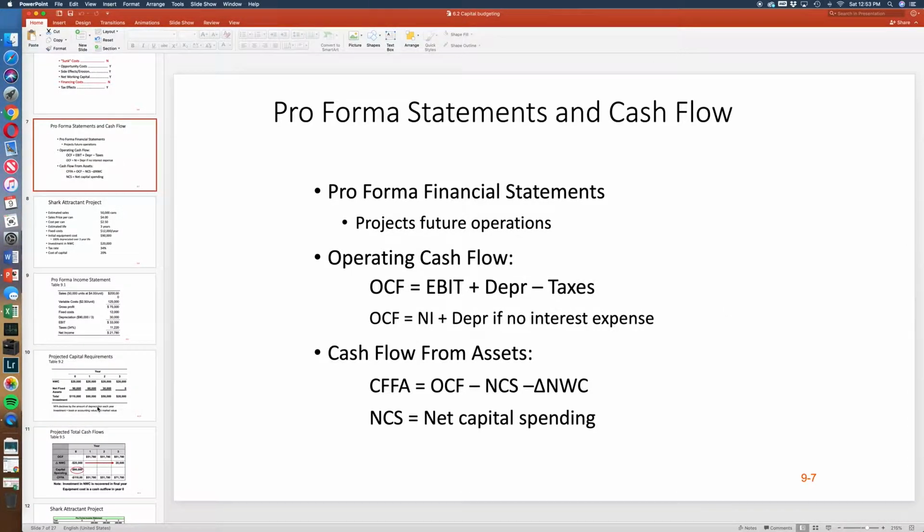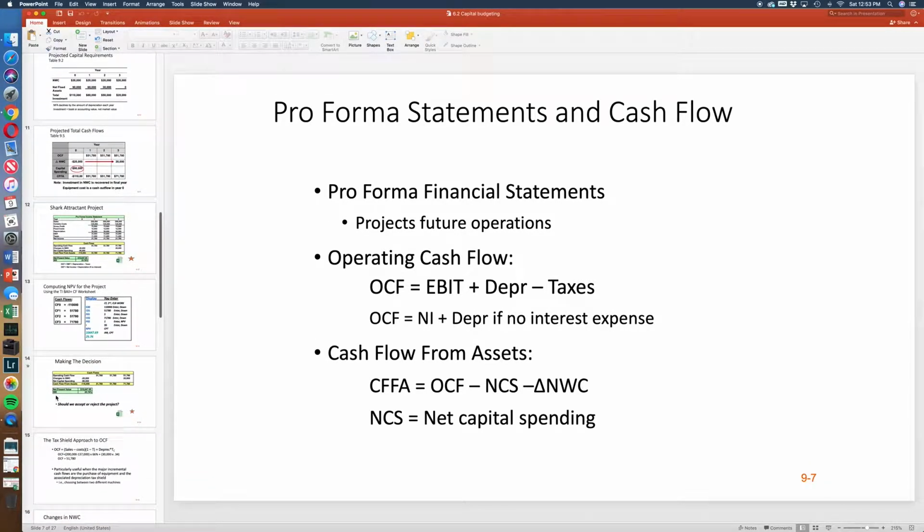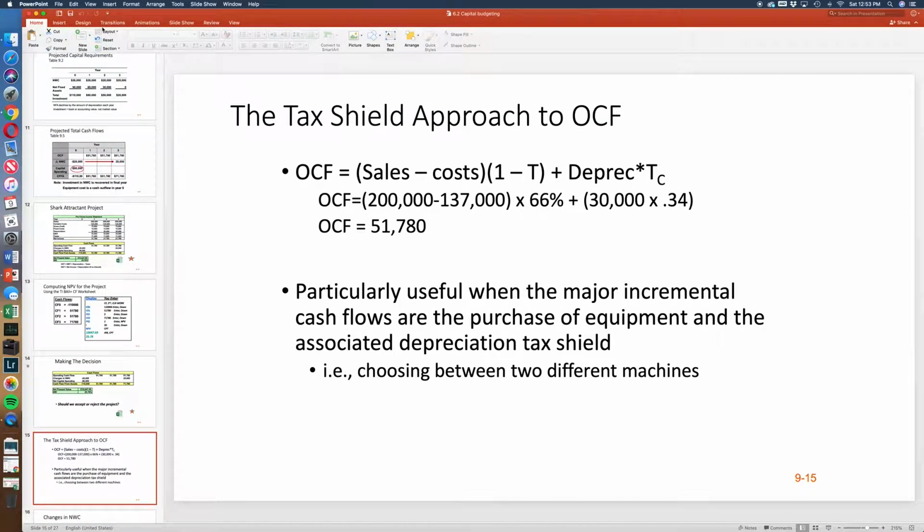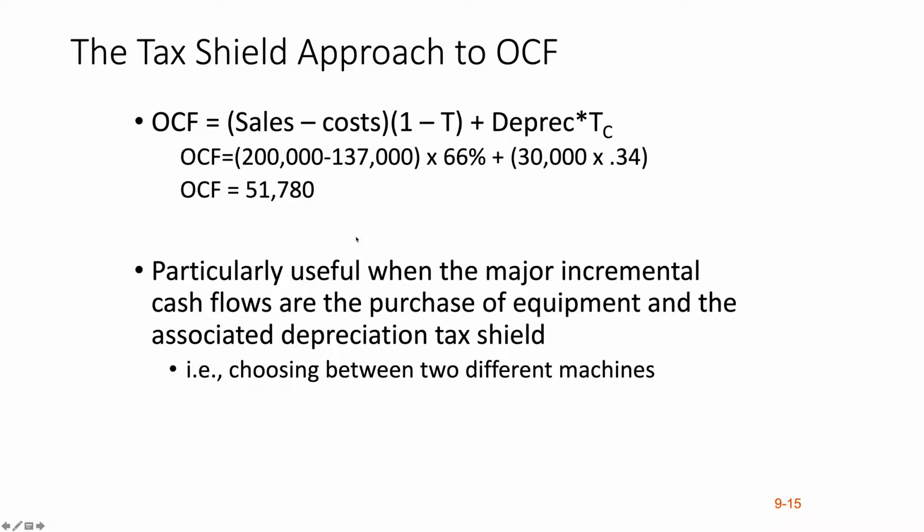Now, in slide number 15, let me start that. There is a third way to calculate the operating cash flow. It's called a tax shield approach. This is particularly useful when the major incremental cash flow is the purchase of equipment and the association with the depreciation tax shield.